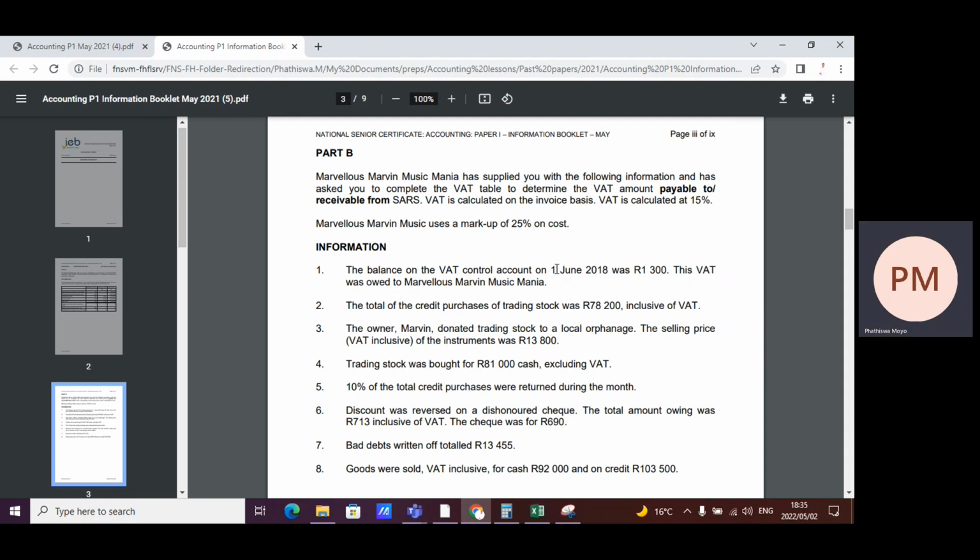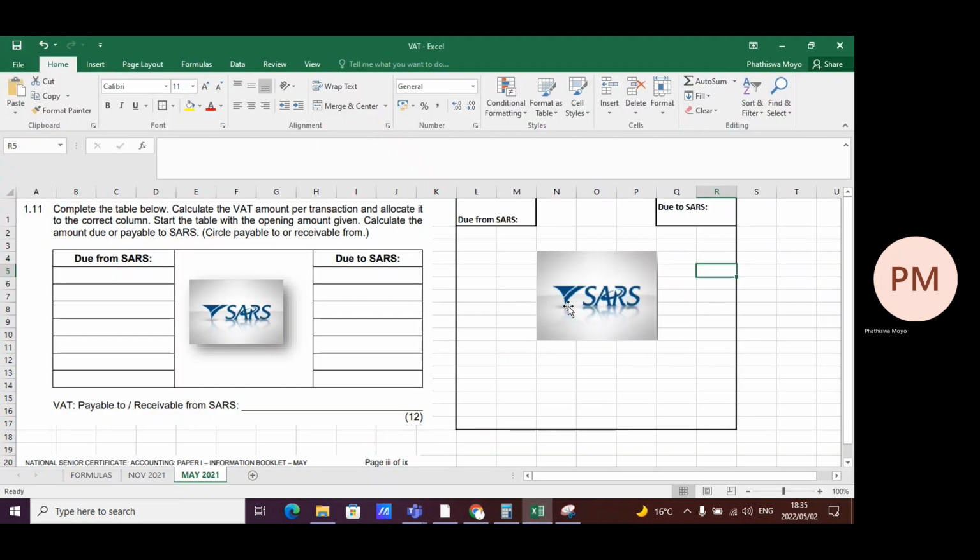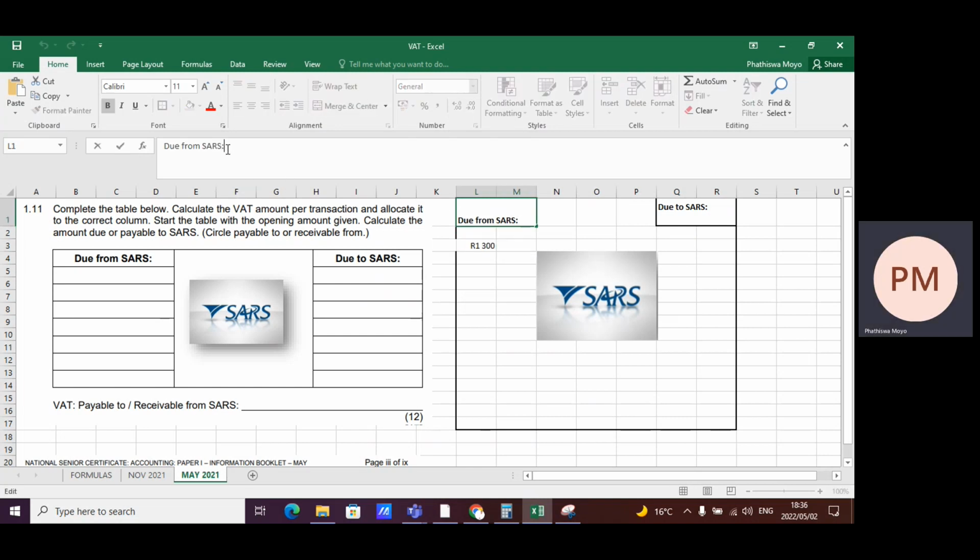was 1,300. This VAT was owed to Marvelous. So this means that it's the VAT refundable. So I'll make my notes here and say refundable.